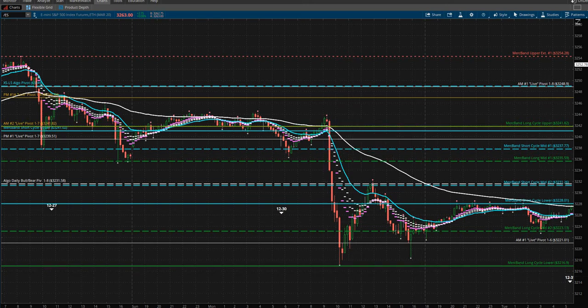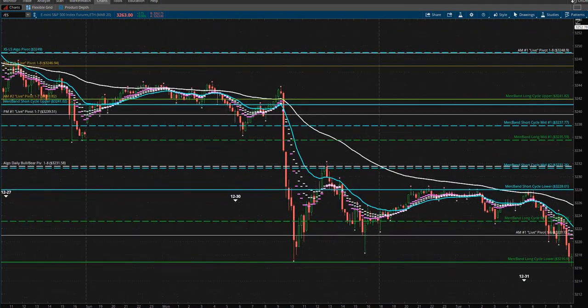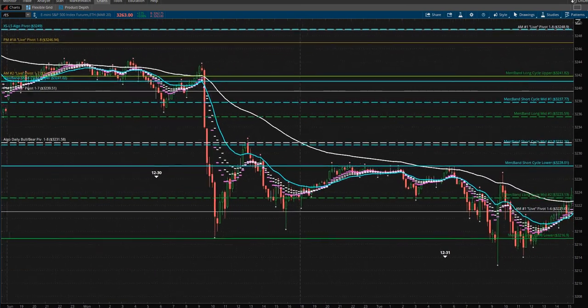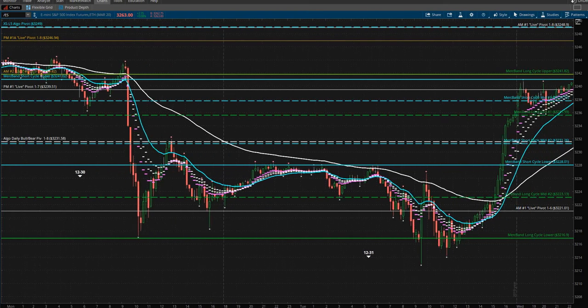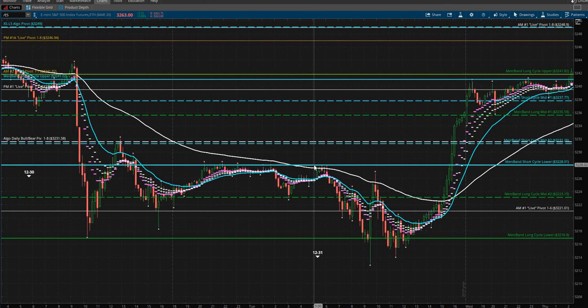Now let's go to the next day, New Year's Eve. This day we got a little bit of two-way action. So the algo is short 32.26, trades down to 32.12, 13-ish. And where does it flip?